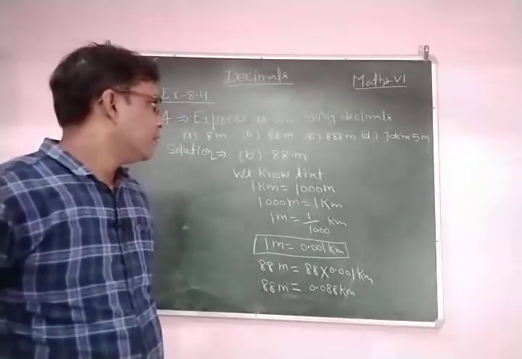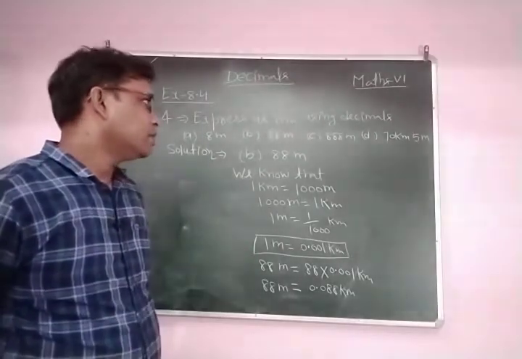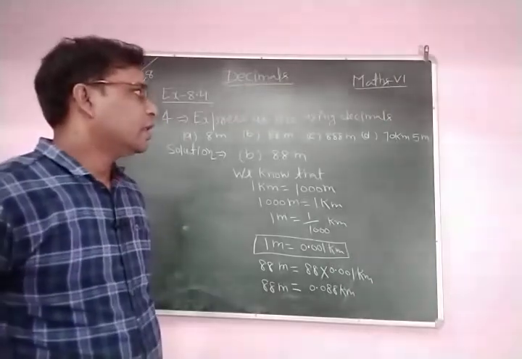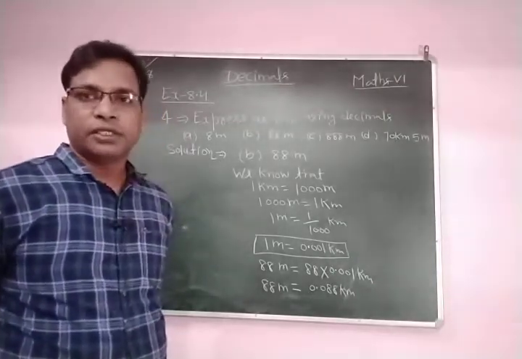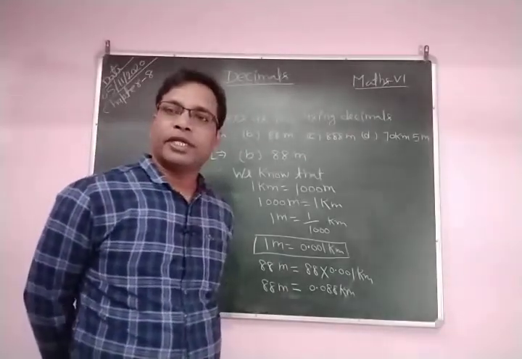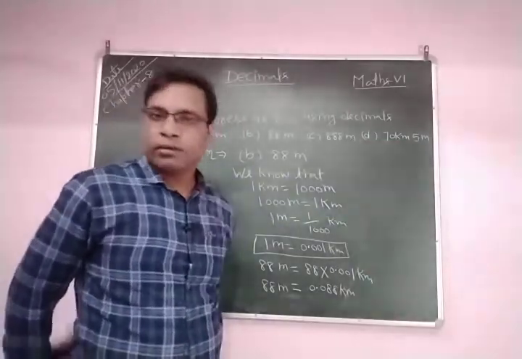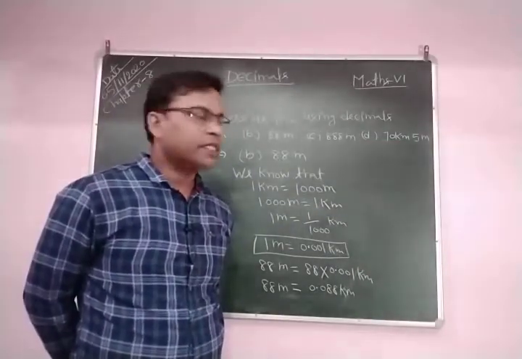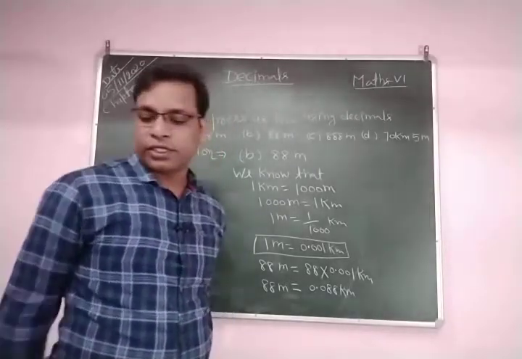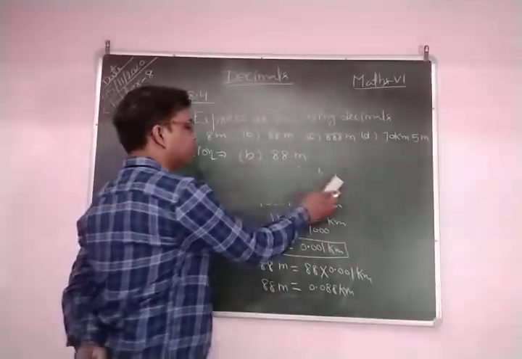So in this way we complete C part of question number 4, and this is the last part, D part of this question: 70 kilometer 5 meters. We need to express 70 kilometer 5 meters as kilometers using decimals. You can see that 70 kilometer is already in kilometers, so we need not change 70 kilometer, but we need to change 5 meters. So let's see how to solve this.